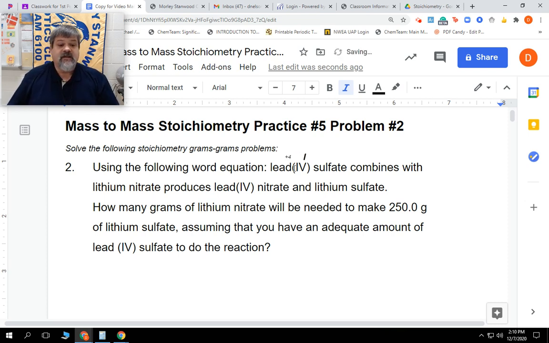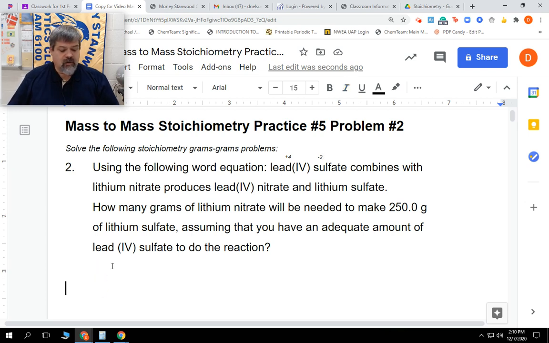Now sulfate is SO4, and if we look at our polyatomic ion sheet, we'd notice that it is a -2. So we're going to crisscross because they don't cancel each other out, and we're going to reduce at the same time. If I reduce this to a 2, this to a 1, I'm going to need 2 sulfates for every 1 lead.